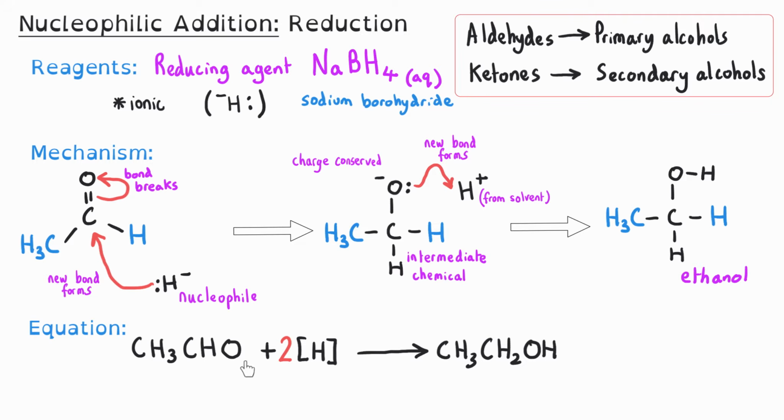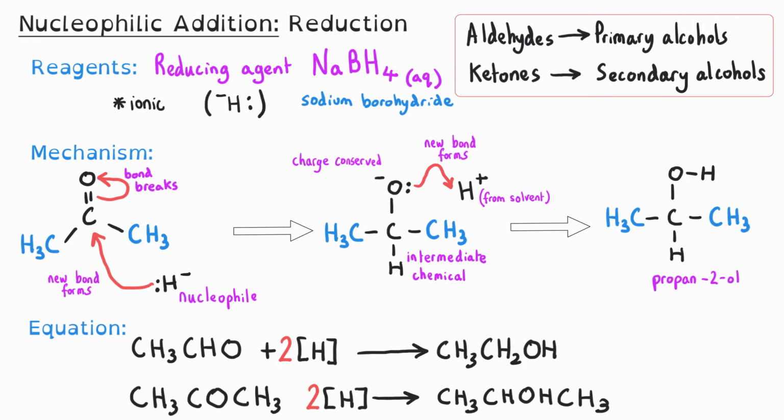And if instead of using ethanal, we used propanone, we would have 2 CH3 groups, either side of the carbonyl group at the beginning, which means we'd need to have 2 CH3 groups in our intermediate and 2 CH3 groups at the end. And so this time we would produce propan-2-ol. And we can show that in a second equation.